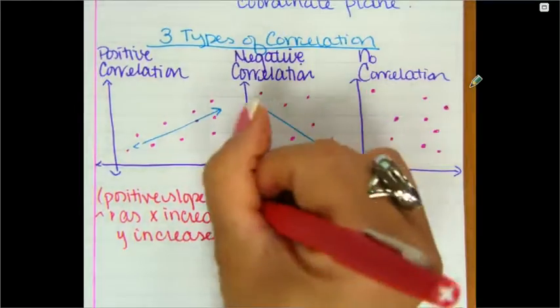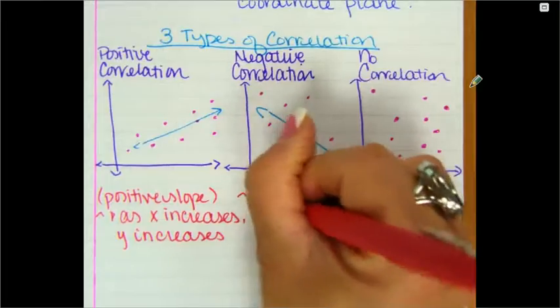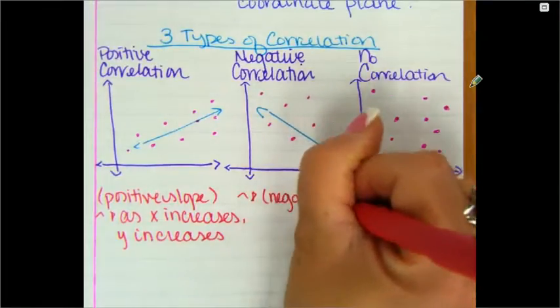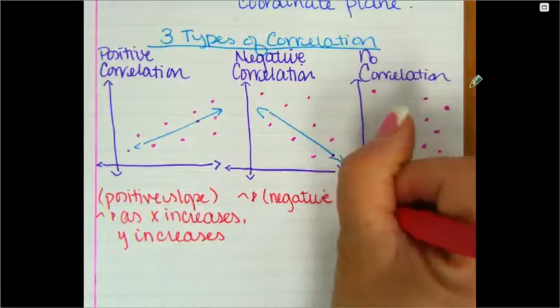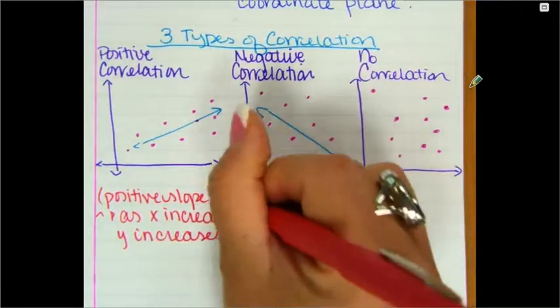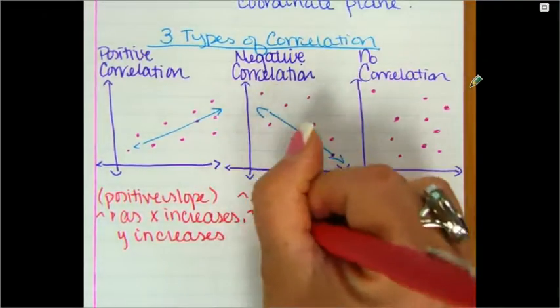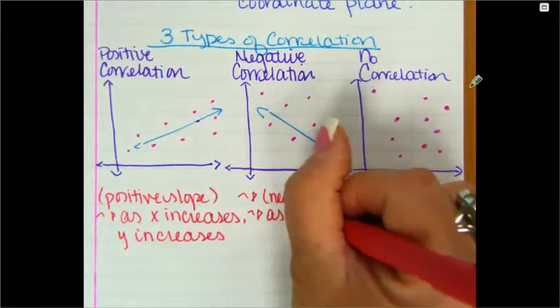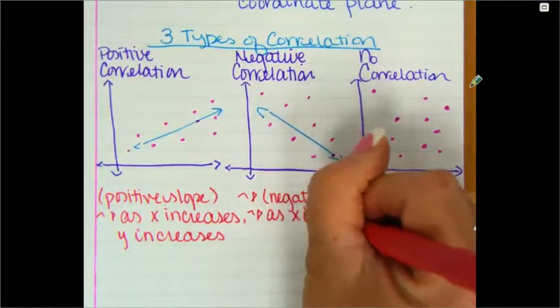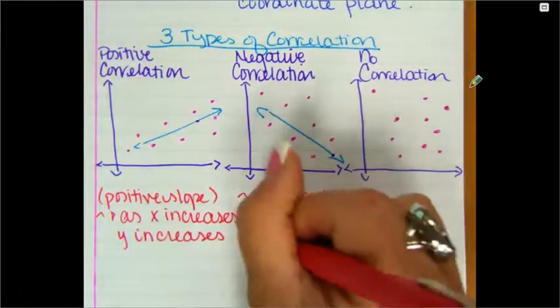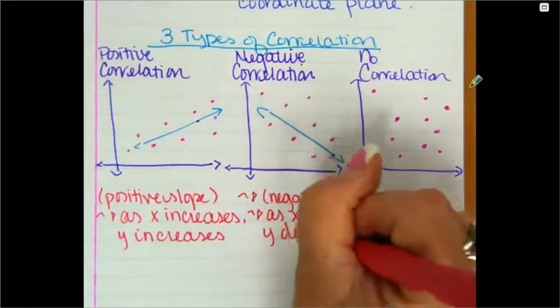Negative correlation, which is like negative what? Negative slope. And what do we say? Let's look at the picture. As x decreases, y decreases. Very good.